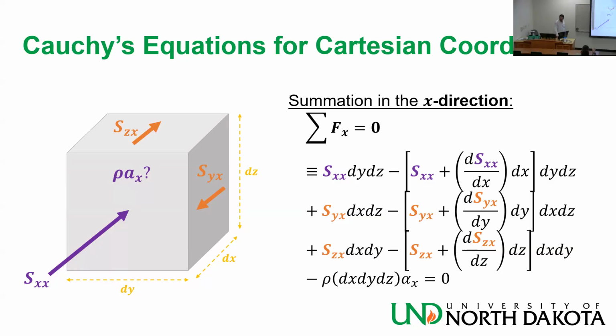Because SYX is perpendicular to dy, then SZX should be perpendicular to... No, they are all acting in the X direction, but the other letter is the direction perpendicular to the plane, because I cannot say plane of ZX here, but I'm telling you Y, and you are saying, okay, what is perpendicular to Y is ZX.